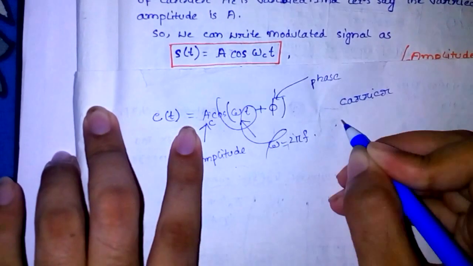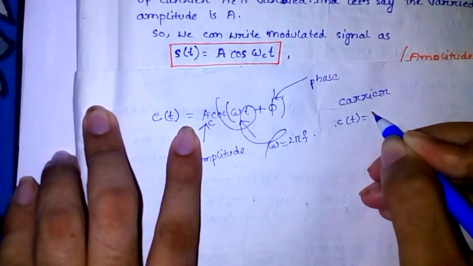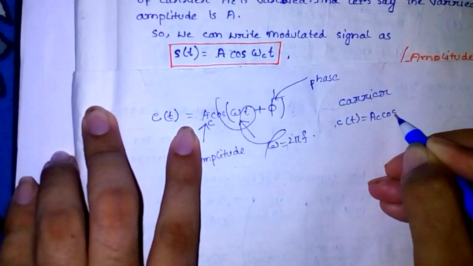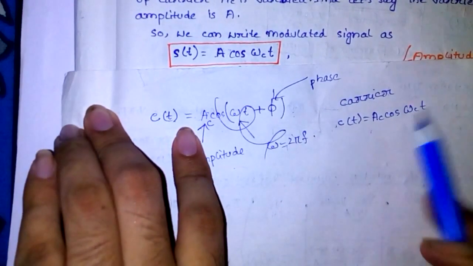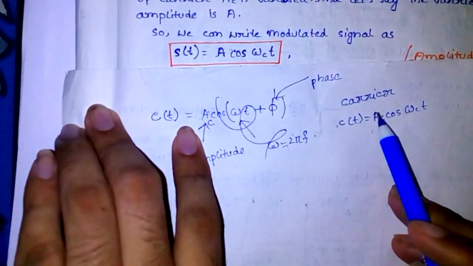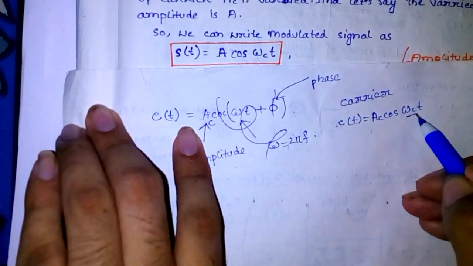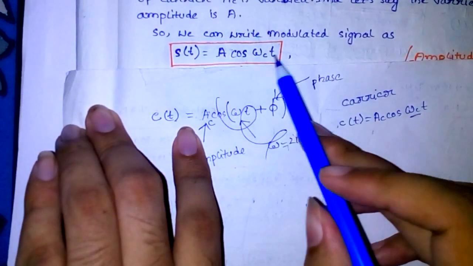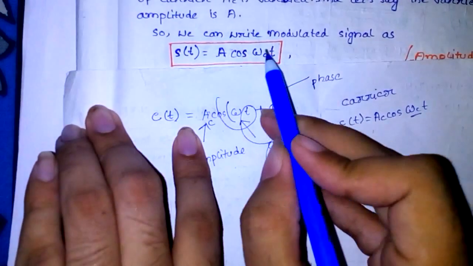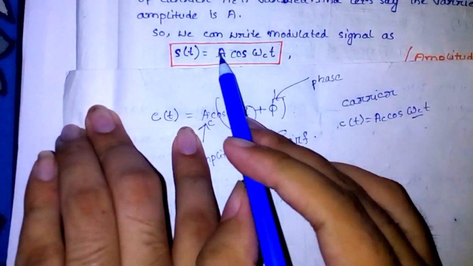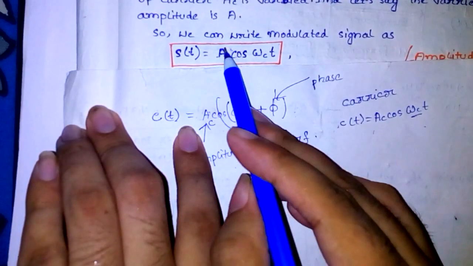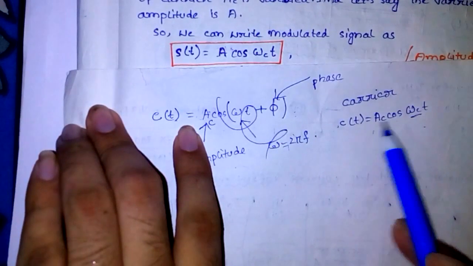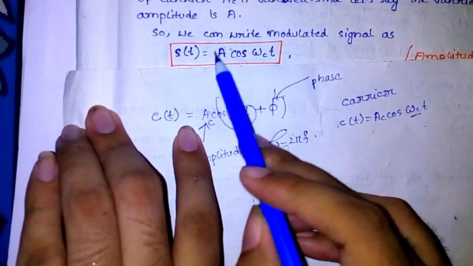We have taken this carrier wave Ac cos omega c t. In the case of amplitude modulation, the modulated wave should have the same frequency and phase as the carrier. So the frequency is not changed, but the amplitude must be changed. So here A is the changed amplitude, and we need to find the term for A.